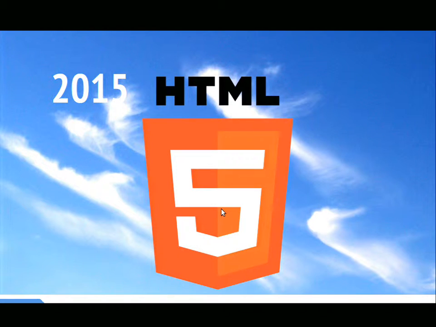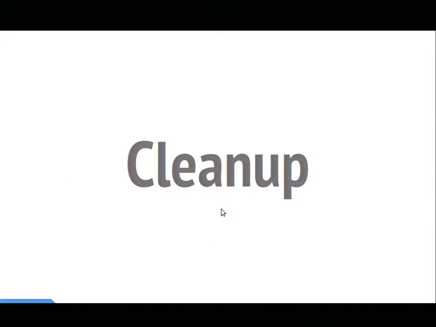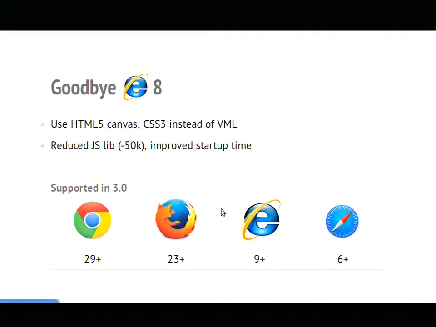But now we're in 2015, and the world has changed a lot, and all the browsers that are in use today follow certain standards, and that's why it was really time for us to do some cleanup. So we cleaned up old APIs, but the first thing of cleanup was we said goodbye to old browser versions. We discontinued the support, namely for Internet Explorer 8.